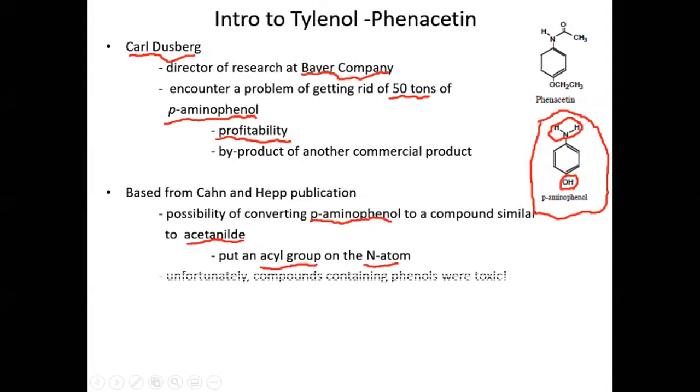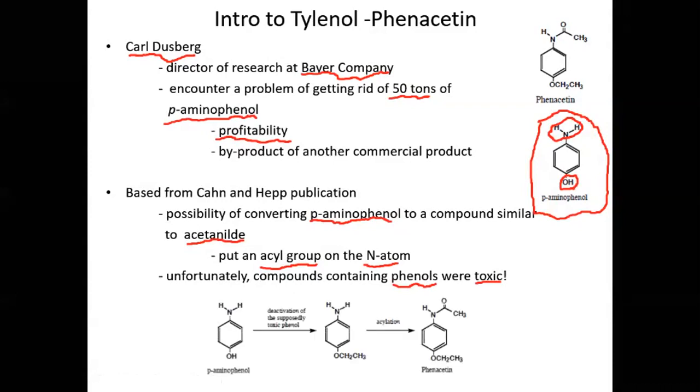However, back then people thought that compounds with phenols were toxic. And so since it was deemed toxic when you had a phenol on a compound, they had to come up with a way to remove the phenol from it.